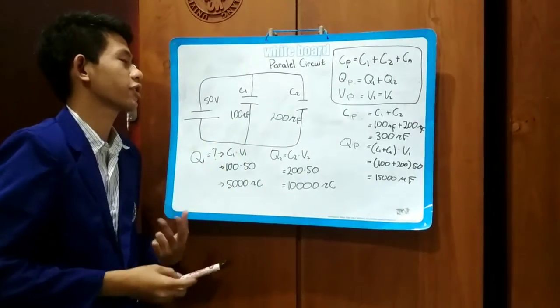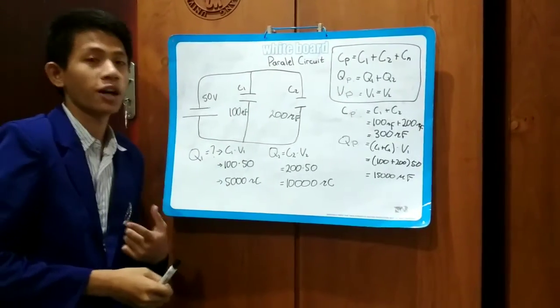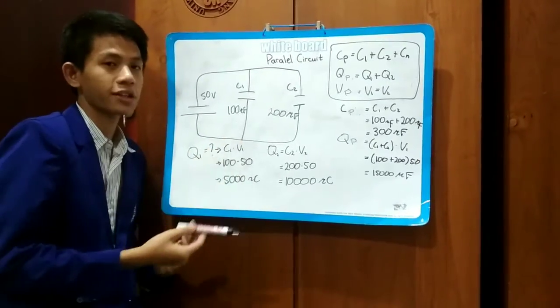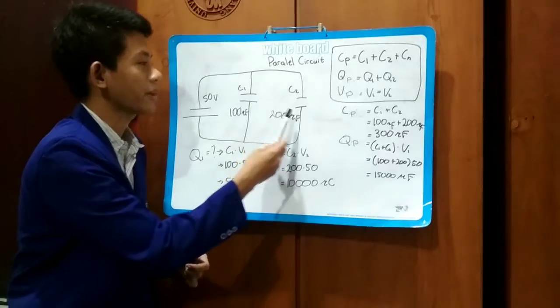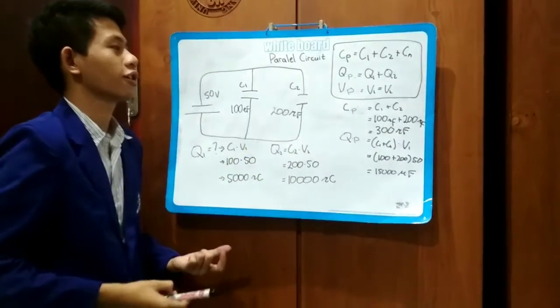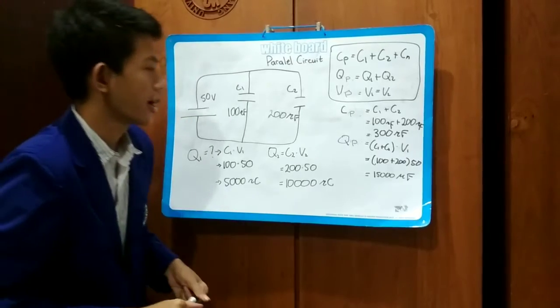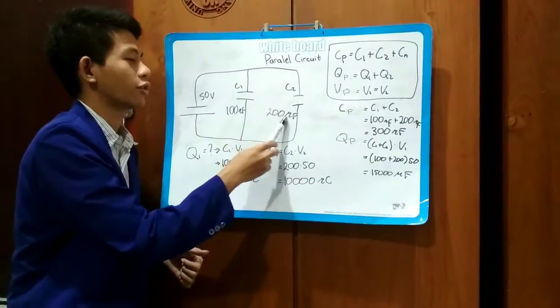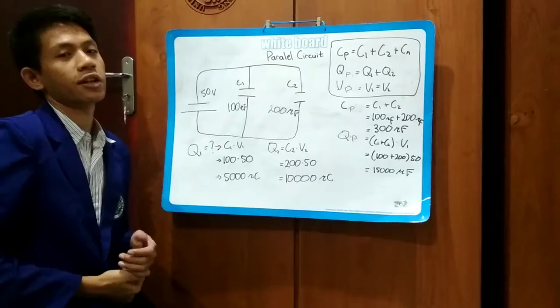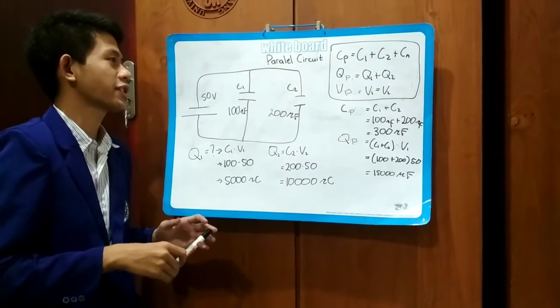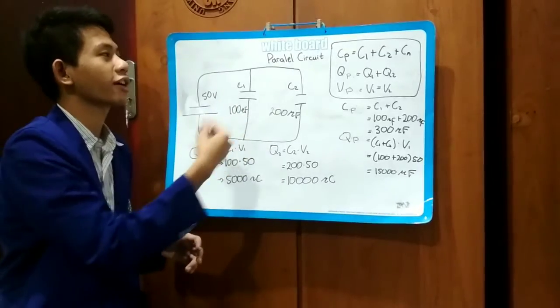The first capacitor, let's call it C1, has the value of 100 microfarads. Then the second capacitor, let's call it C2, has 200 microfarads. Then the question is, how much capacitance in these parallel circuits?